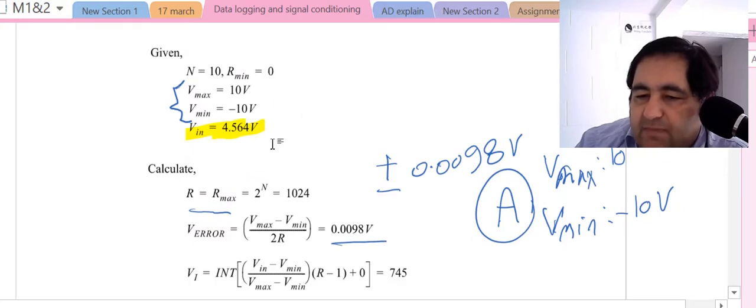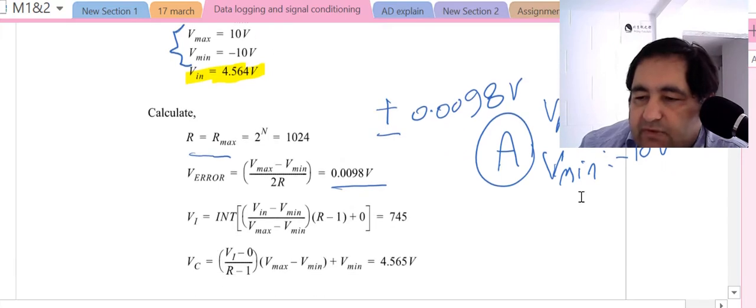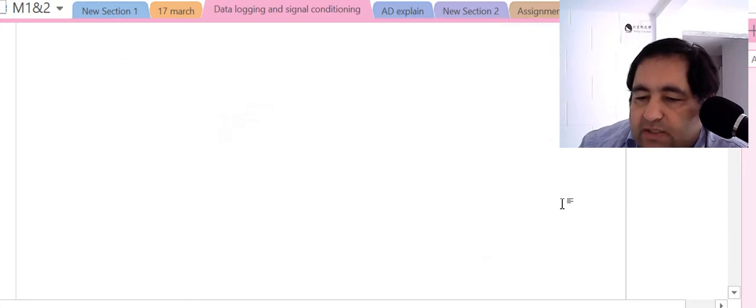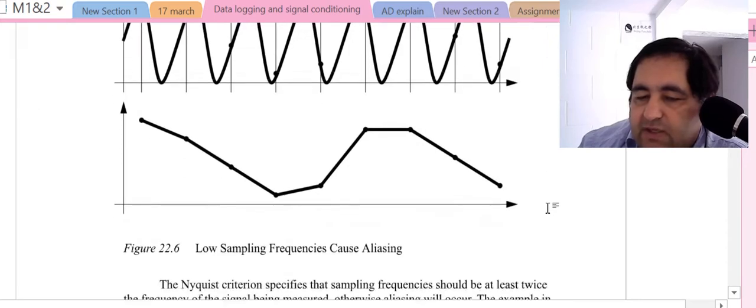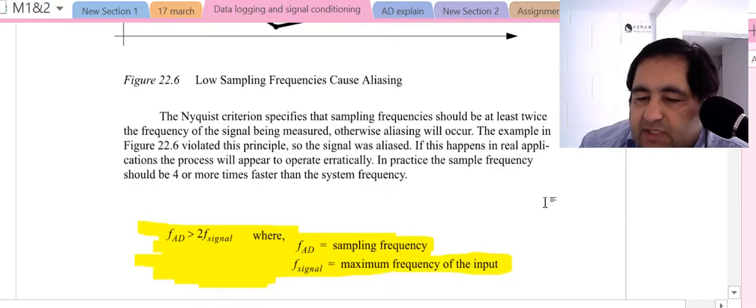So we had examples like that for different minimum and maximum values, and we basically worked that out right here. So basically that was a revision that we had.